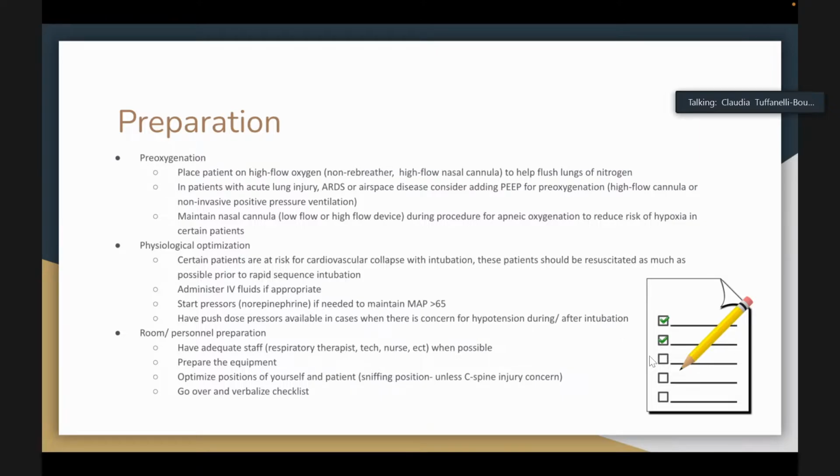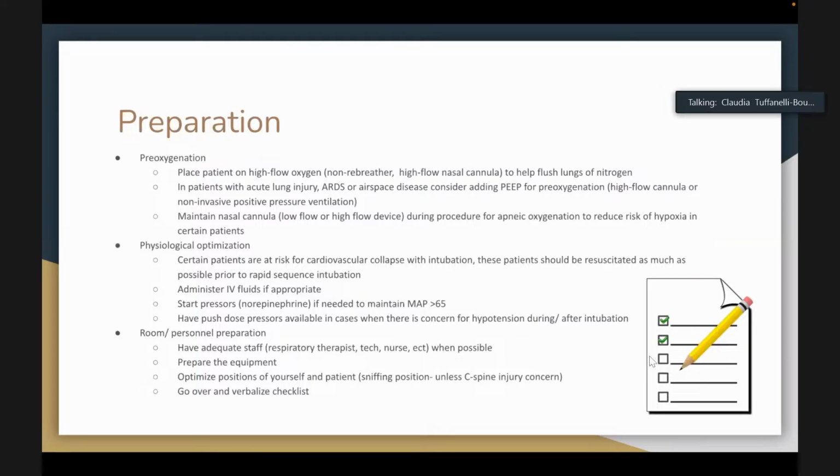So before you do the procedure and while you're getting your stuff ready, you can pre-oxygenate the patients. You can place a nasal cannula or a high flow nasal cannula on the patient, as much oxygen as you can. This is going to help flush the lungs of any nitrogen. That allows the oxygen to bind better, and it should give you a little extra time and decrease the likelihood of peri-procedure hypoxia.